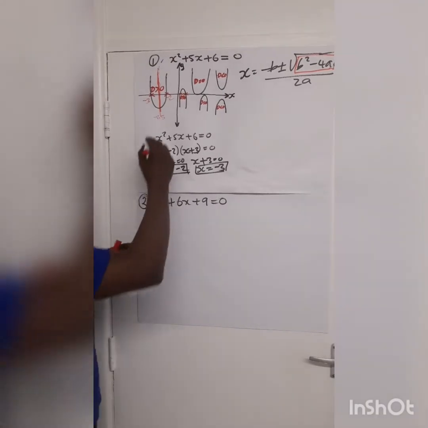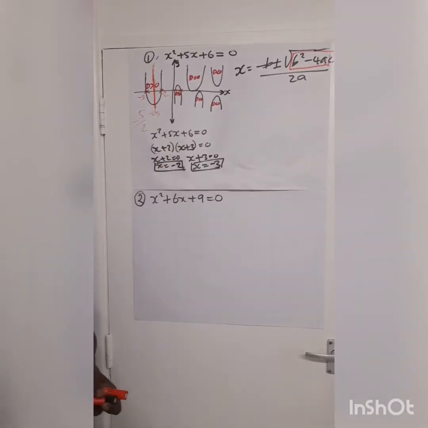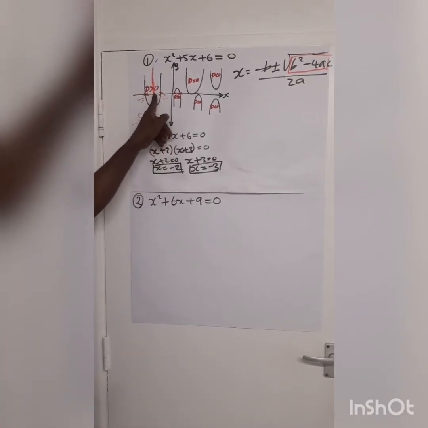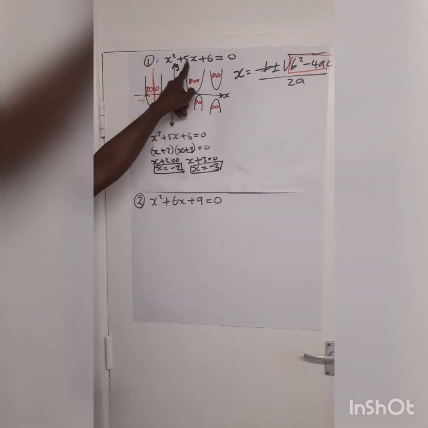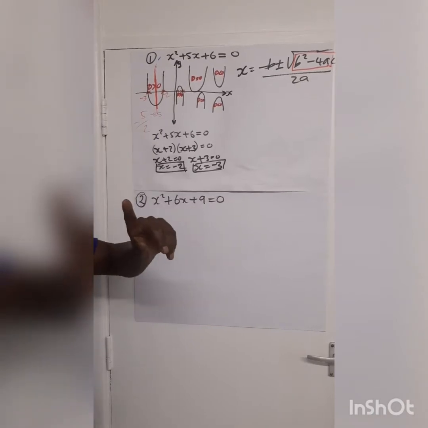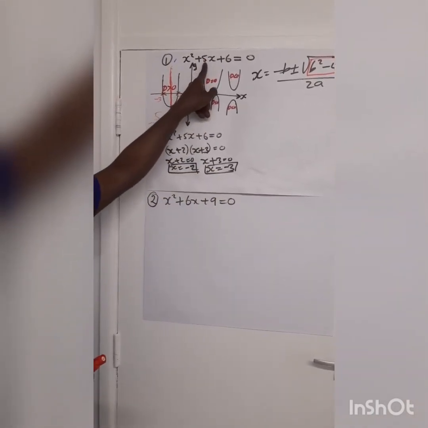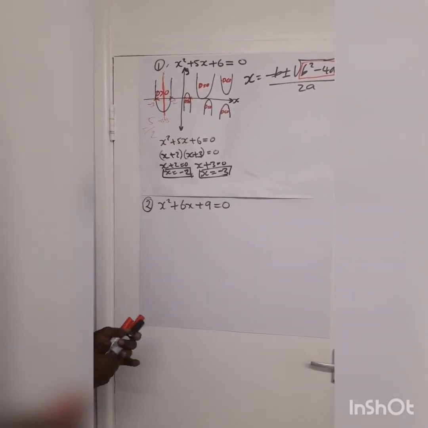Or I could say it's actually negative 5 over 2. That is the line of symmetry, which is equidistant between the two solutions. Now, as you can see, this 5 over 2 is the same as the coefficient of x divided by 2 and then multiplied by negative. So it's negative 5 divided by 2. We're going to use that method.